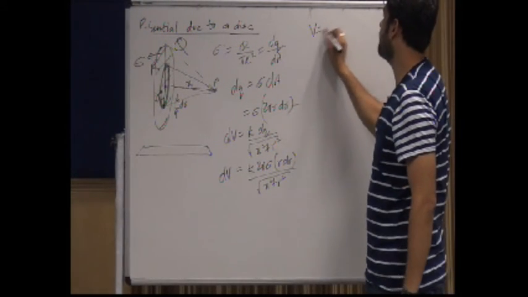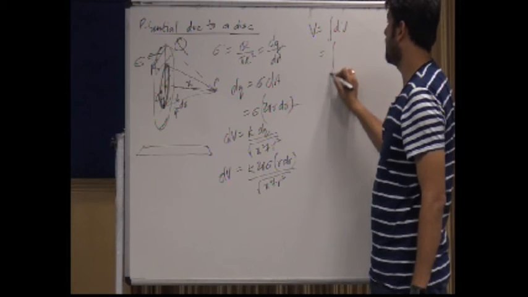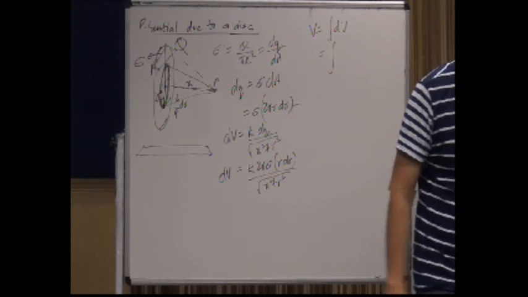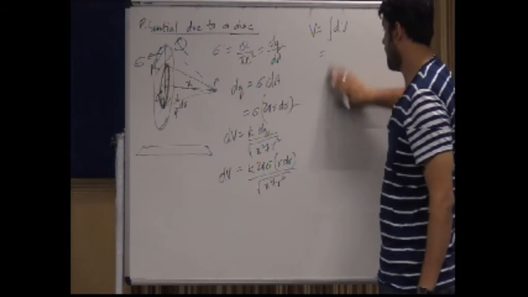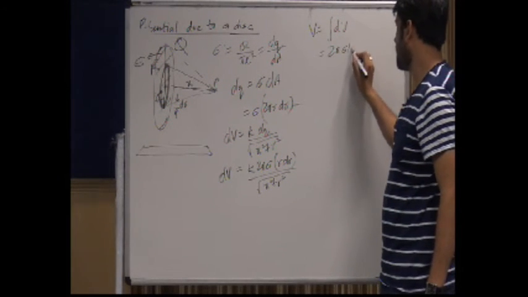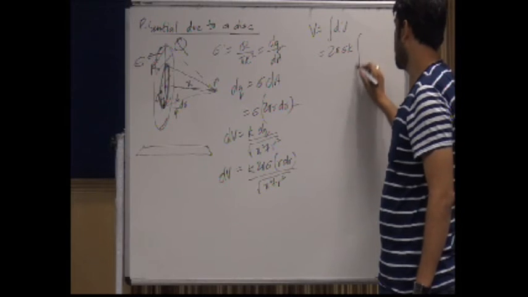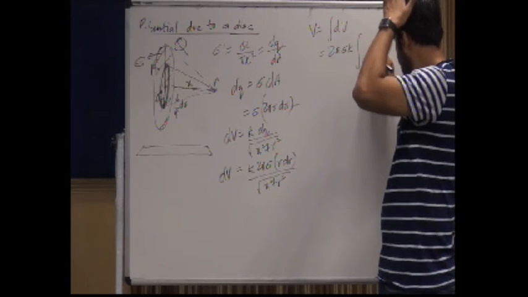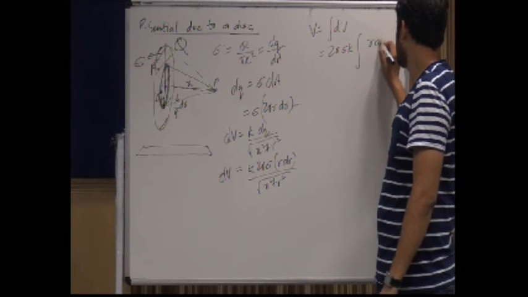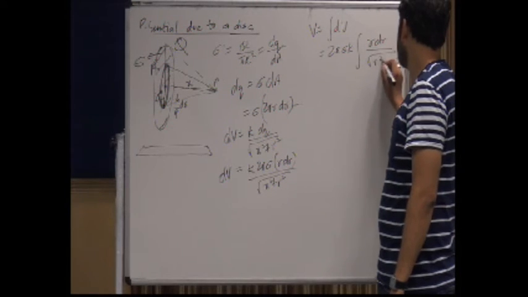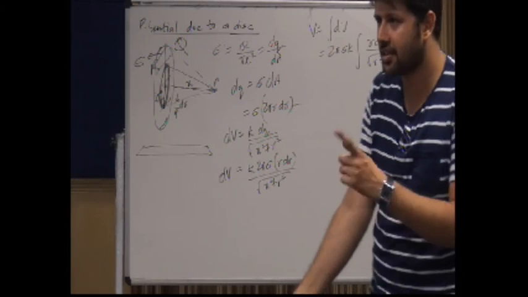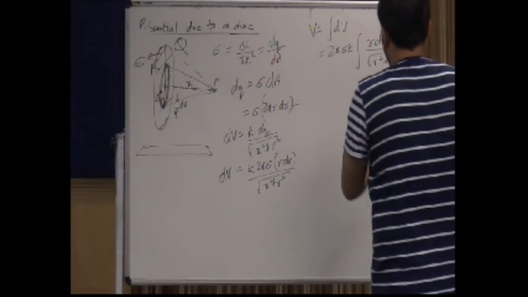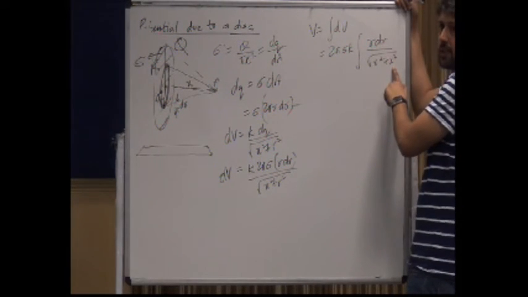V can be found by integrating dV. 2 pi sigma k would come out. r is the variable, x is not the variable here. Please pay attention to this.